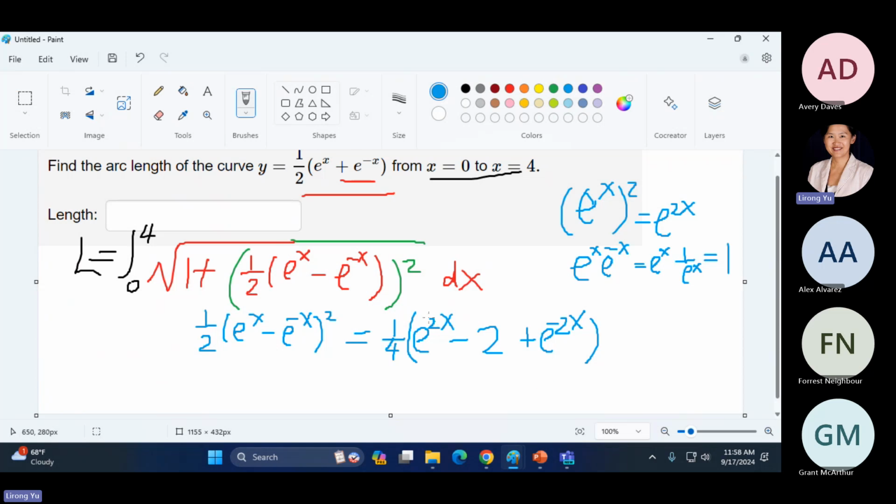There's one thing I should make sure of, that the square is over the whole thing. Yeah, so this square part is equal to 1/4 e to the 2x minus 1/2, and then plus 1/4 e to the negative 2x.